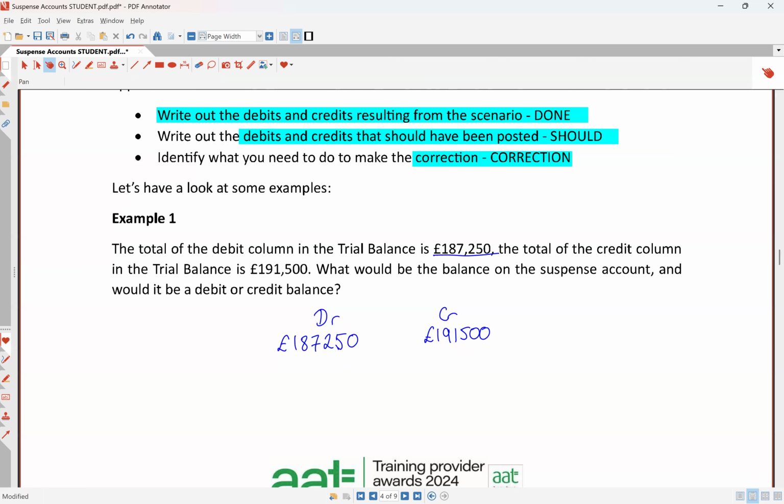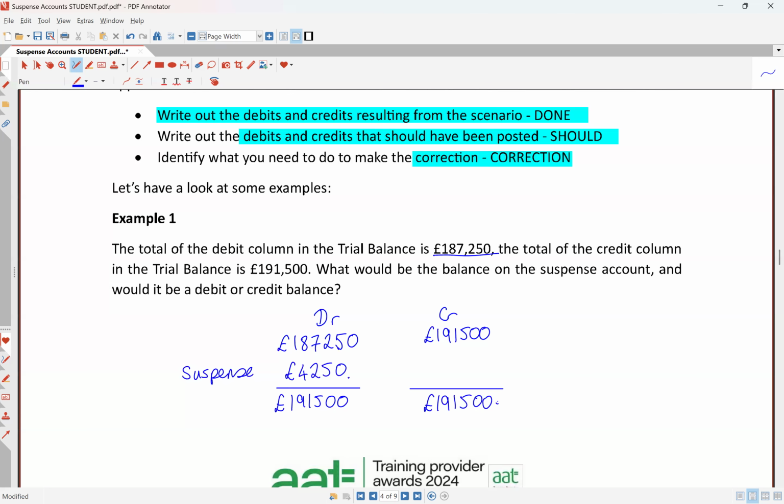So if we hit our calculator, 191,500 less 187,250, that leads you to 4,250 as the difference. That will be posted to suspense. And then at that stage, you have debit and credit balances that match of 191,500.